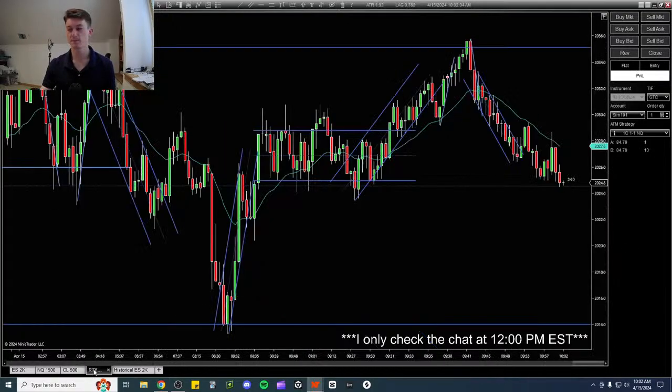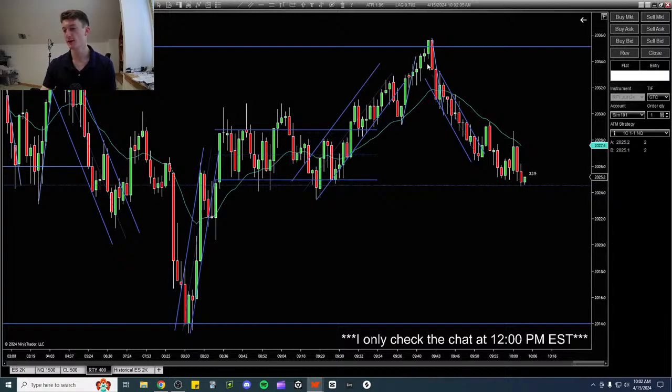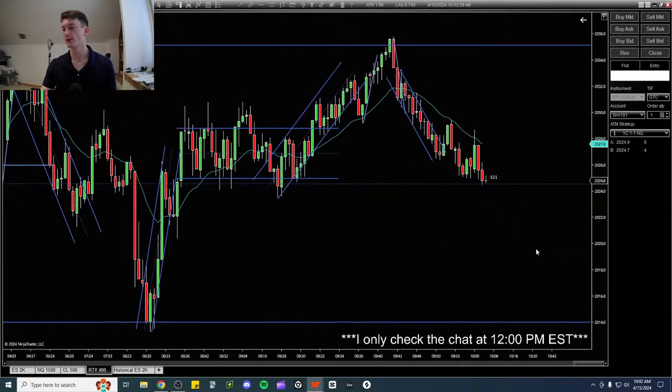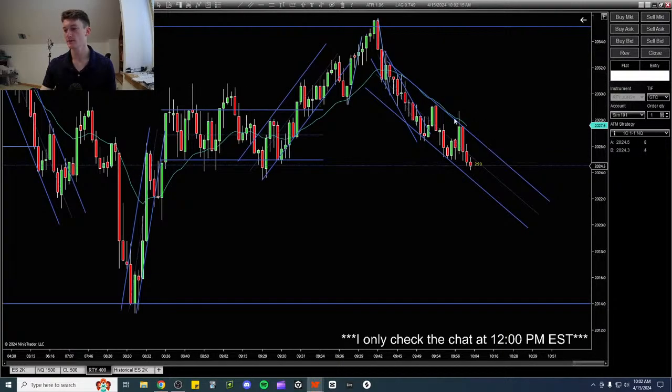The RTY is continuing to move down, so I have the spiking channel having to break a new low, but we're continuing to move down, in which case maybe there's a different spiking channel, something like that.